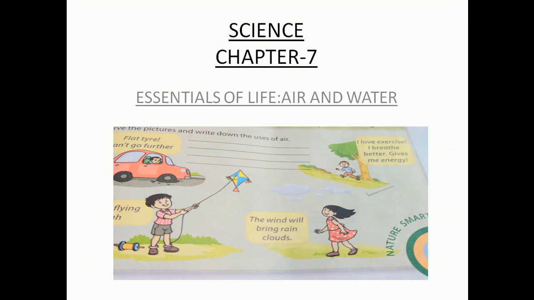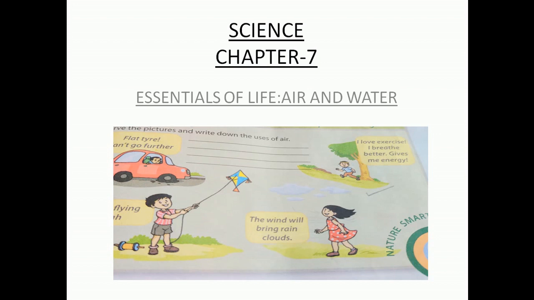Hello children, today we are going to study our next chapter of science, that is essentials of life, air and water. Children, the most important things without which we won't be able to live are air and water.